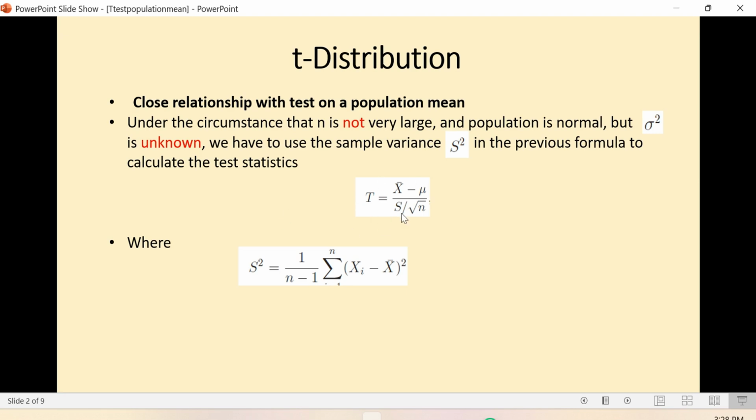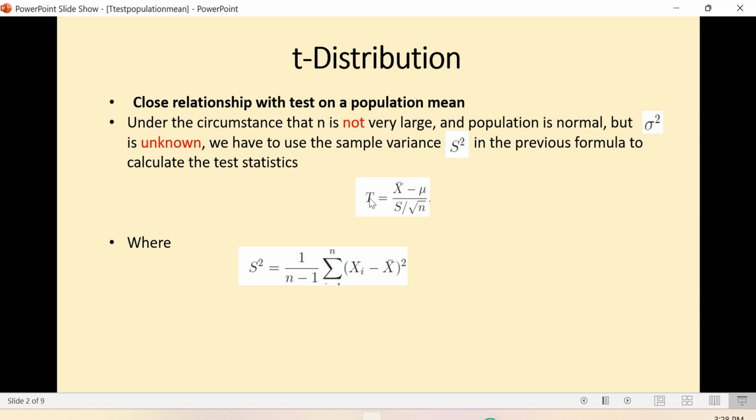If we look at this test statistic, it includes the sample mean and the population mean we want to test. We assume in the null hypothesis that the population mean equals this value mu. Then we take the sample average and divide by the sample standard error over the square root of the sample size.